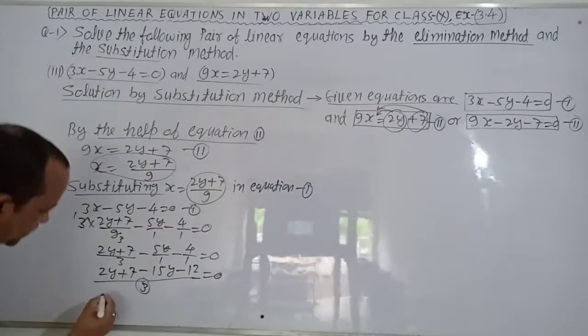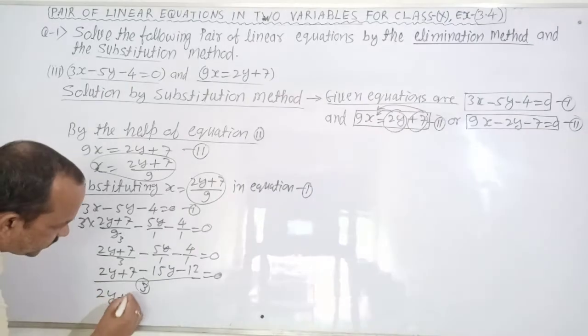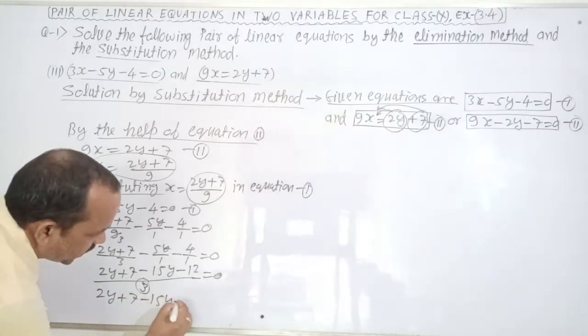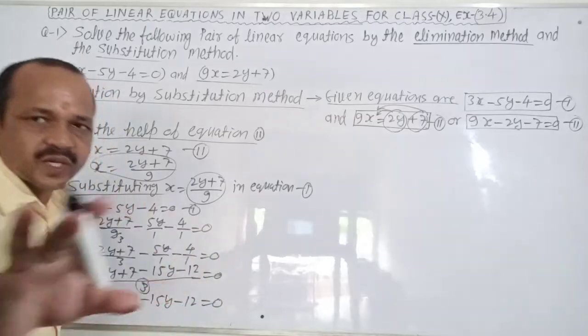You can write it as 2y plus 7 minus 15y minus 12 equal to 0.